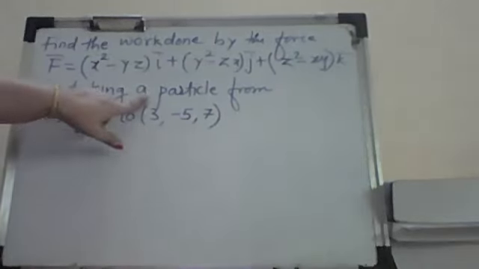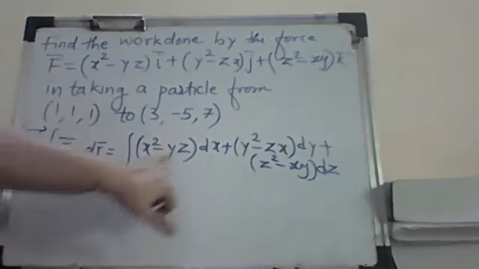If you observe this, you can see that it is conservative. x square dx is the derivative of x cube by 3, y square dy is the derivative of y cube by 3, and z square dz is the derivative of z cube by 3.